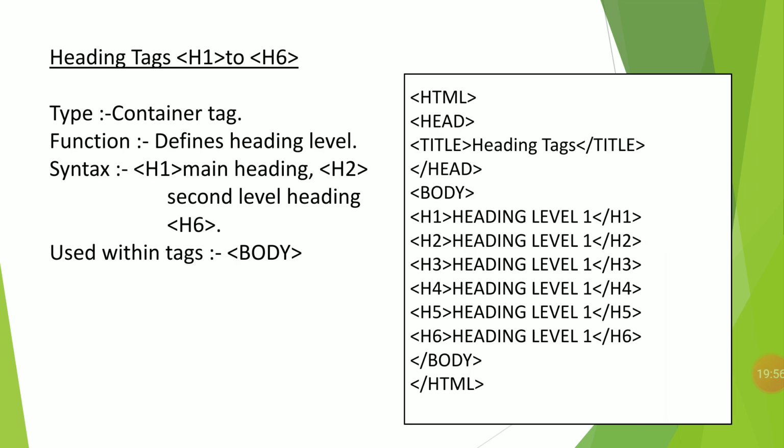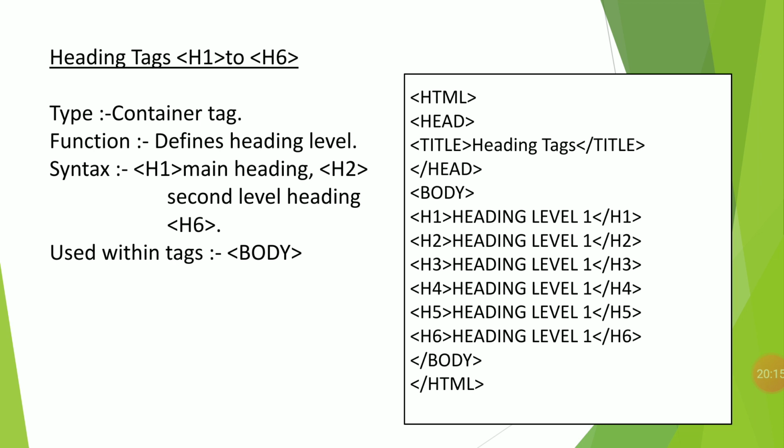Next thing that I'm going to discuss is heading tags. In HTML we have six heading tags, starting from H1 and ending with H6. H1 is the highest heading level tag, like this.